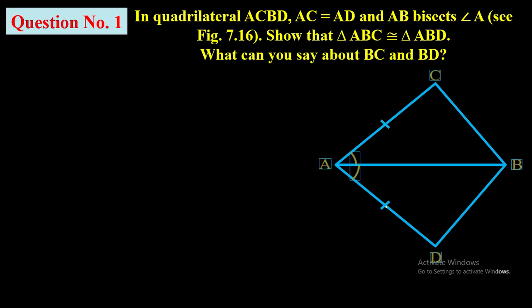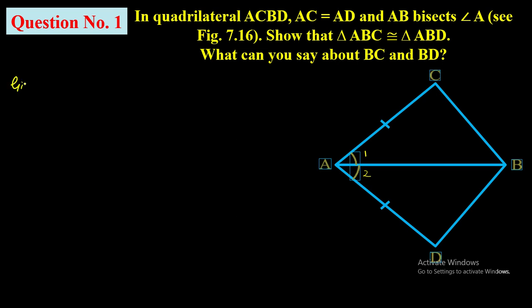It is said that AD is equal to AC and AB bisects angle A. That means this AB bisects angle A. So let's suppose that these two angles, angle 1 and angle 2, are formed here. Now we have to prove that triangle ABC is congruent to triangle ABD.